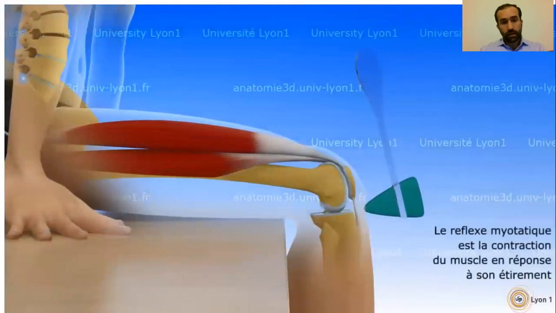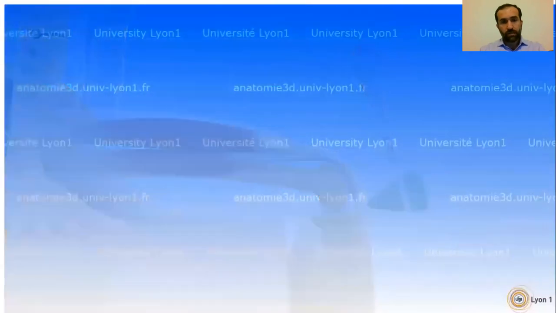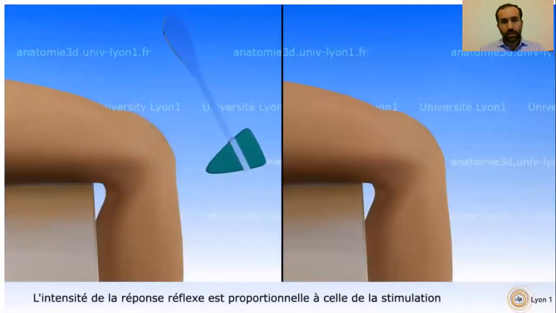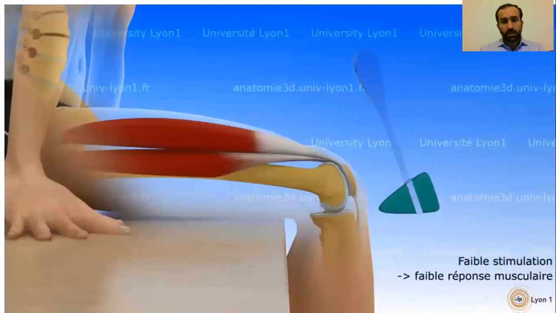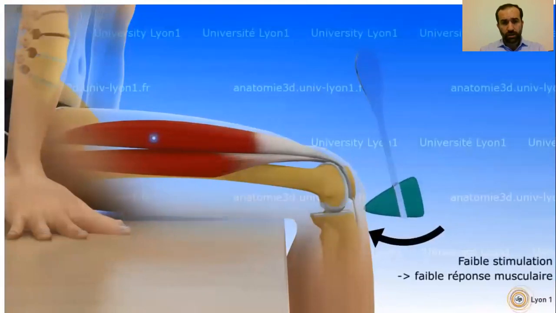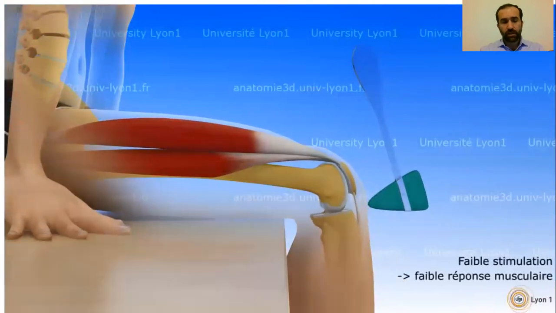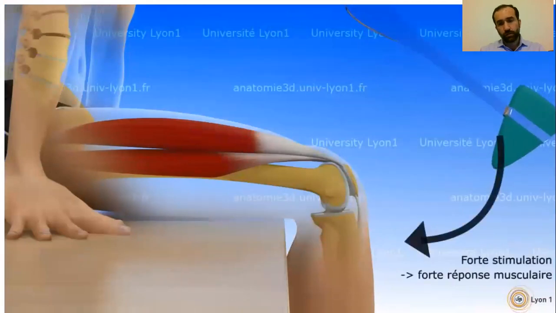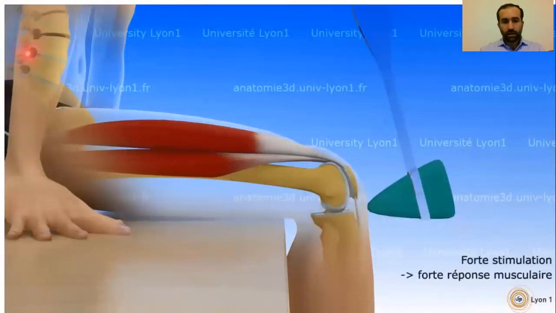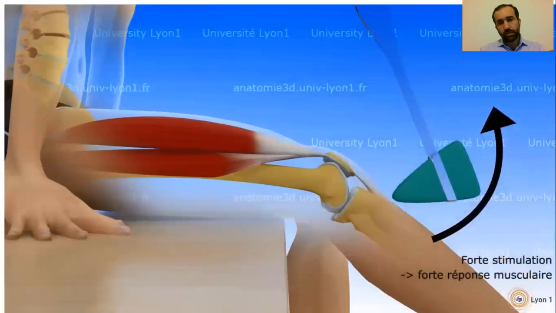And thus the muscle will receive, after this sensory message, a motor message that leads, in this case, to the extension, as you observe, because the muscle that is stretched is the extensor muscle of the leg. This extensor muscle of the leg is found in the thigh, and it is responsible for the movement of the leg. The extensor muscle is responsible for the extension, as you see here in this video.